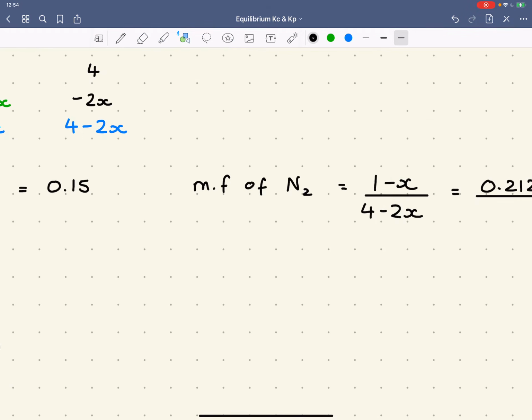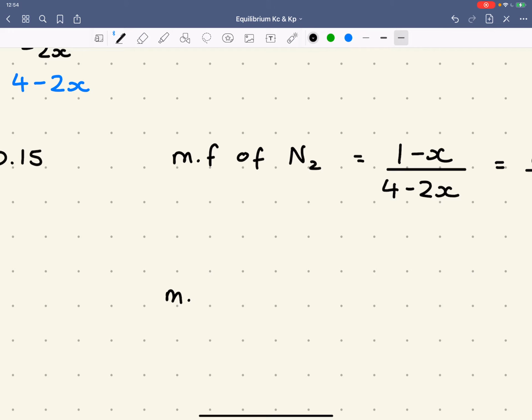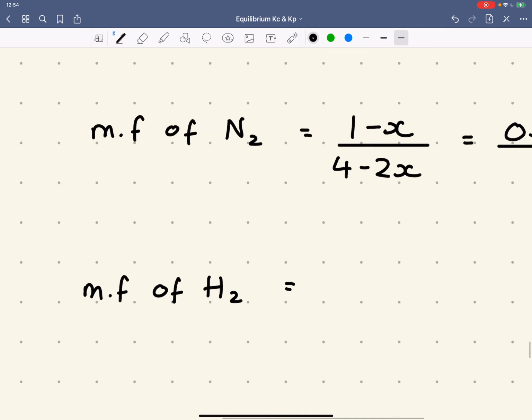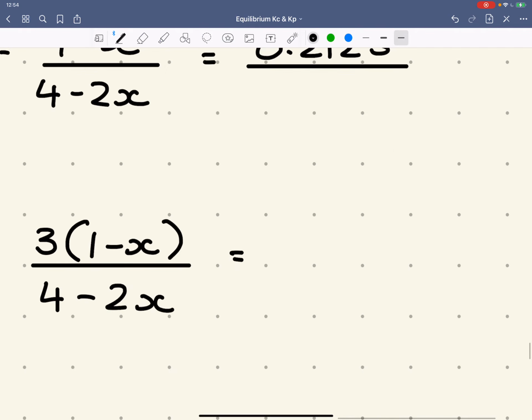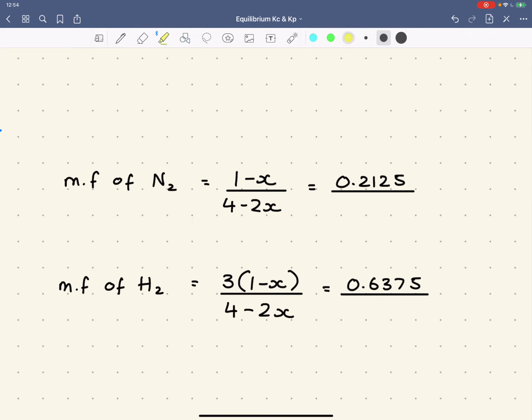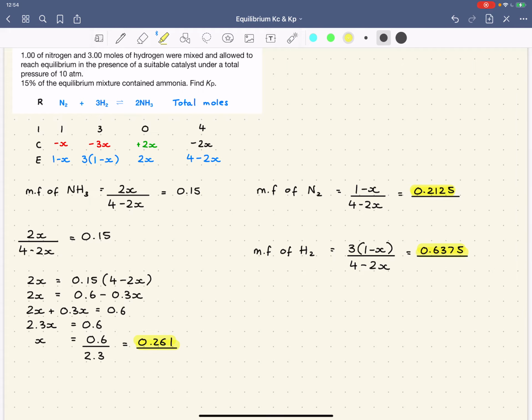And I can repeat that, working out the mole fraction of hydrogen, and again we need to substitute 0.261 for x, and that would give us an answer of 0.6375. So that gives me the mole fractions of each component in the mixture. I've highlighted that there in yellow.